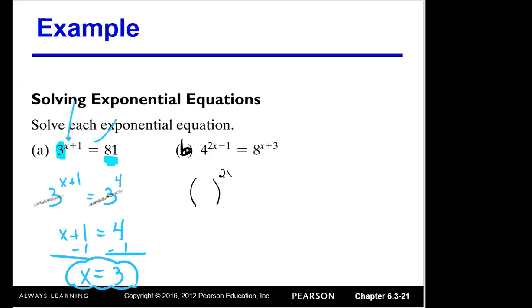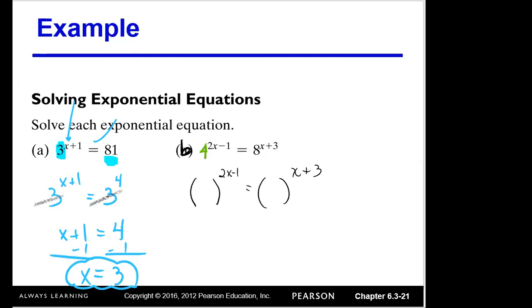So I'm actually going to have to change both of them to the same base, because 8 is not a base 4 number. 4 to the 1st is 4. 4 to the 2nd is 16. Flew right on past the 8. 4 and 8 are base 2 numbers.